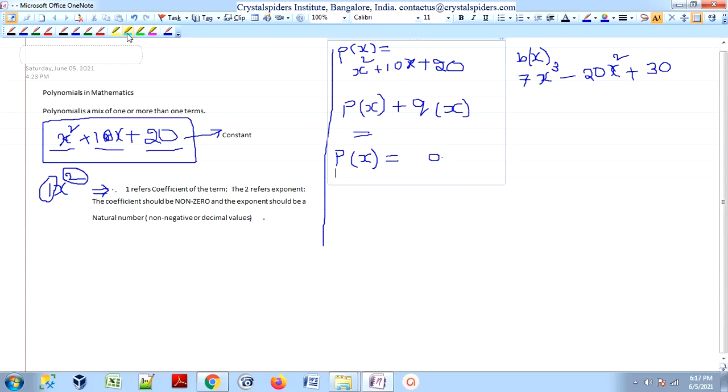So 0 coefficient means it will be obviously 0 only, 0 x cube plus, let's write that as it is, x square plus 10x plus 20.